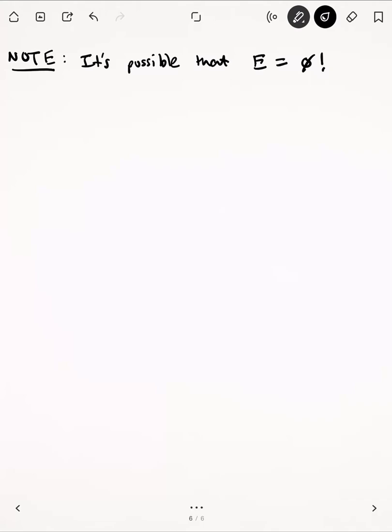Okay, so in that case, you get graphs like this. In particular, when the set of edges is empty, every vertex is isolated. Okay.